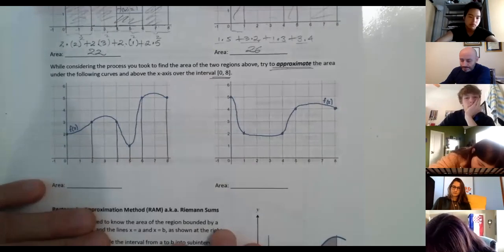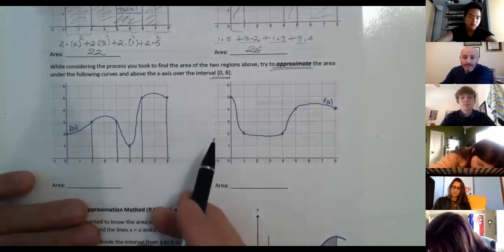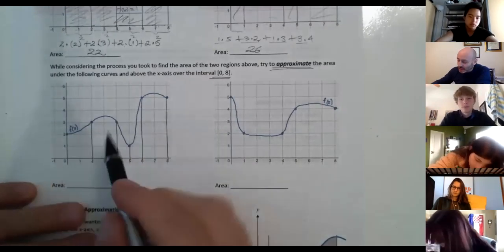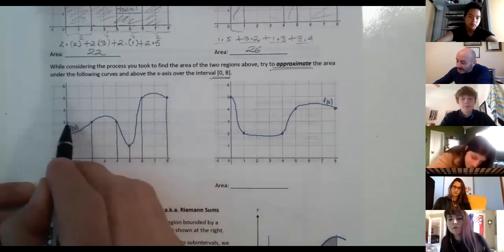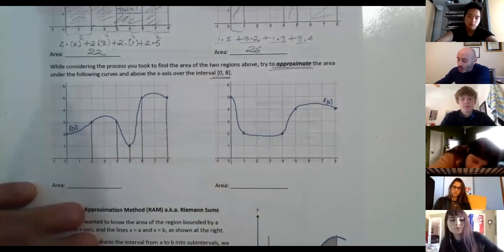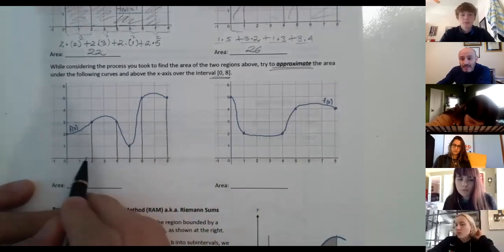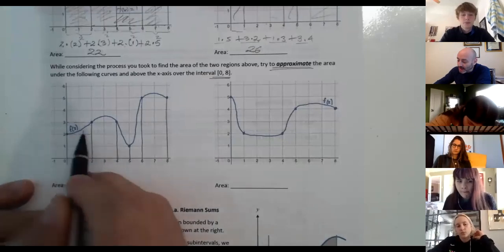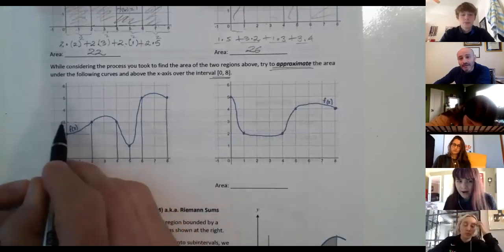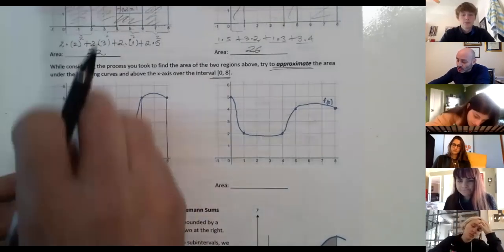Now look, I can build a rectangle by using either this height or by using this height, right? This will be the base, and I can choose either this point as the height or that point as the height. So which one should I choose?